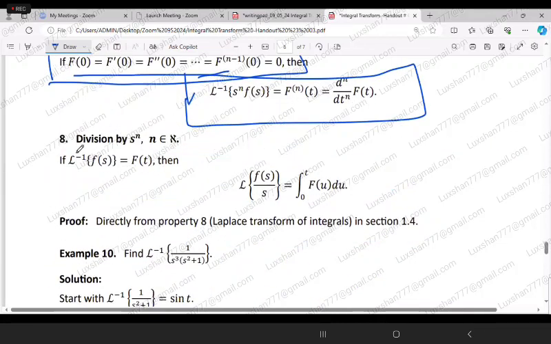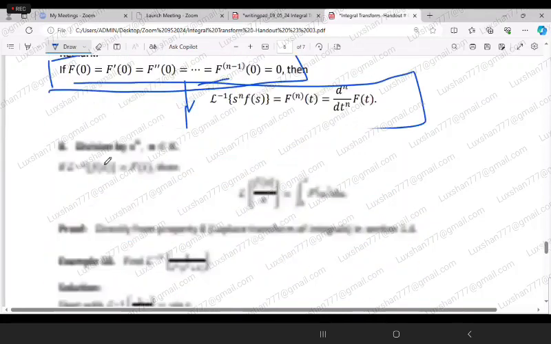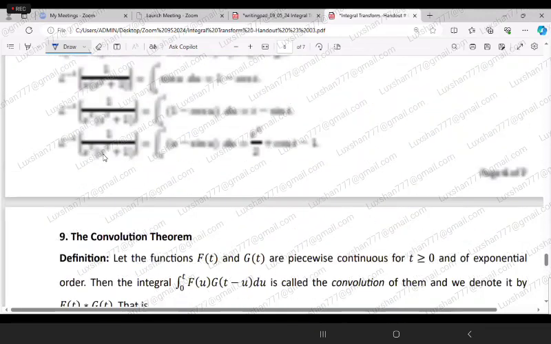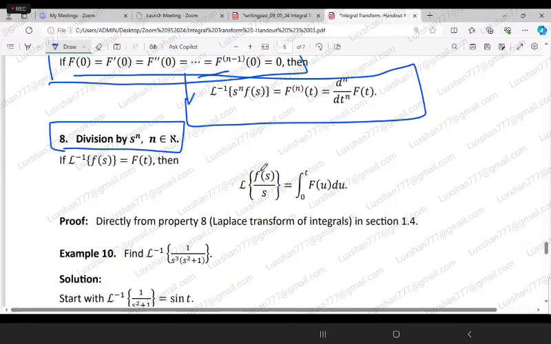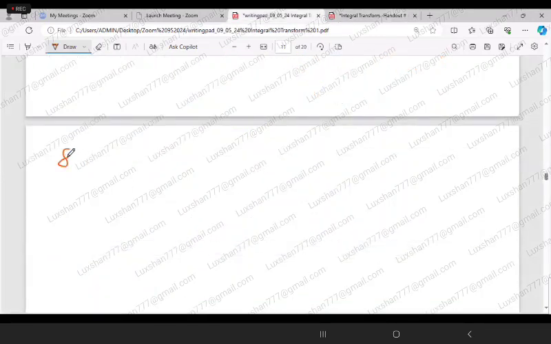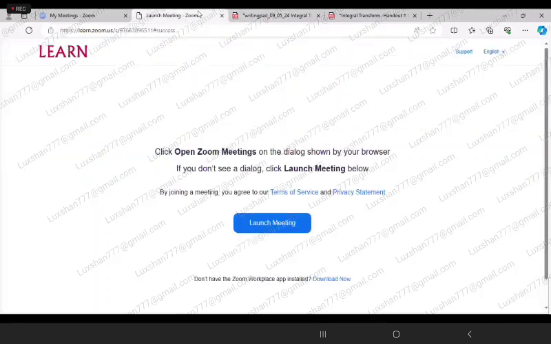So next one, the division by s to the power n. This is the 8th one.